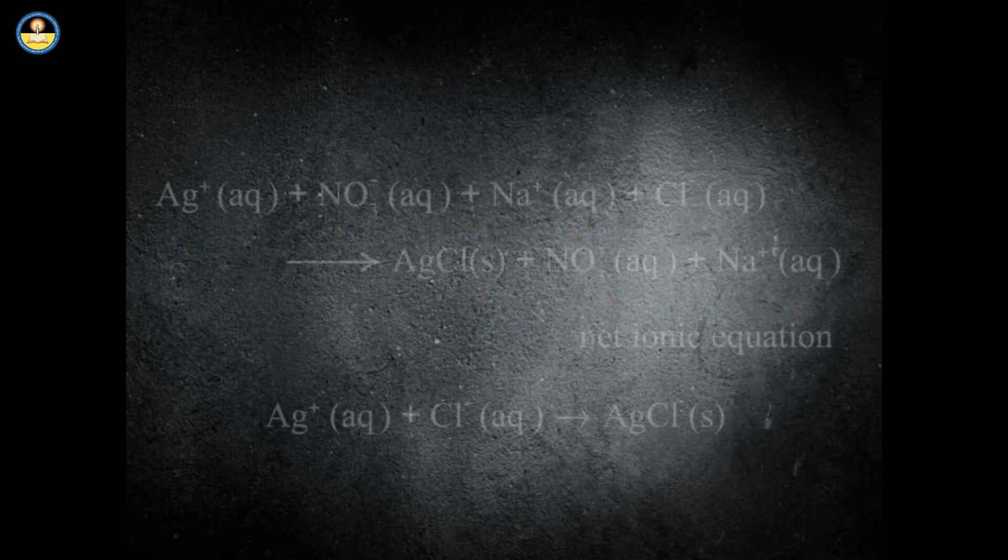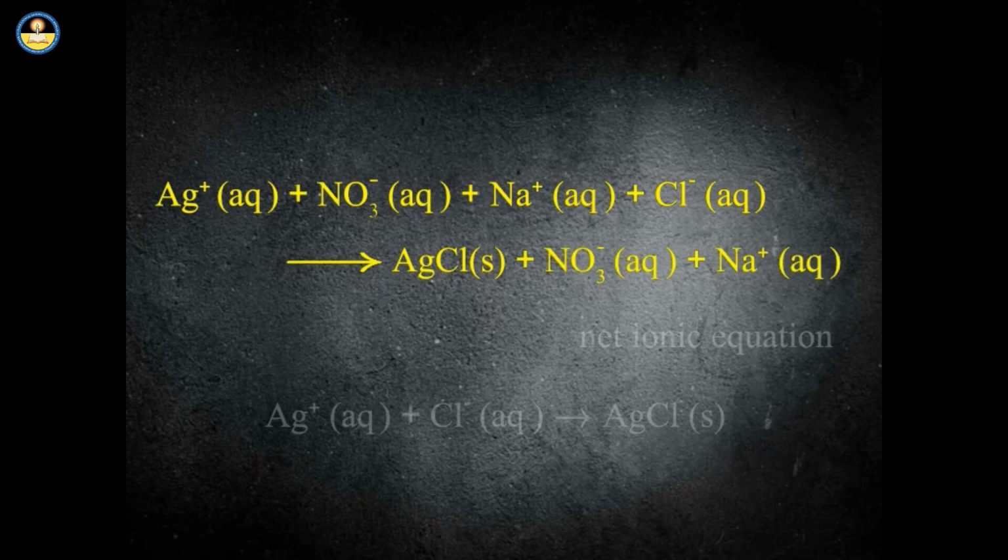The complete ionic equation can be written as Ag+ ions in aqueous state plus NO3- ions in aqueous state plus sodium ions in aqueous state plus chloride ions in aqueous state give AgCl in solid state plus nitrate ions and sodium ions.